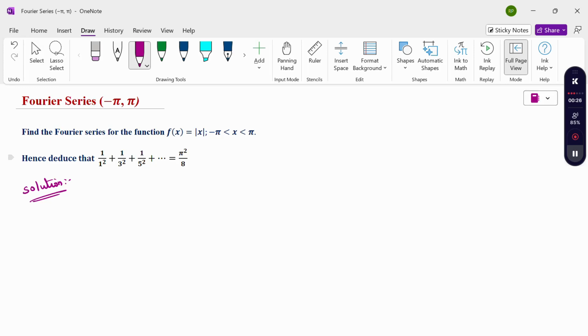Generally, for the Fourier series on the interval minus pi to pi, the expansion is f of x equals a naught by 2 plus summation n from 1 to infinity a n cos nx plus summation 1 to infinity b n sin nx.